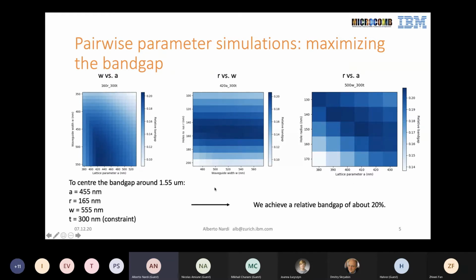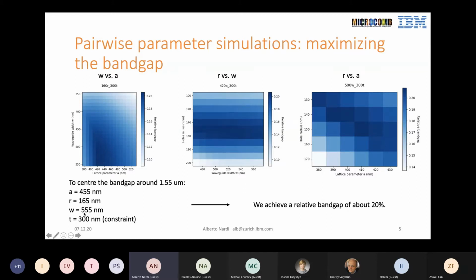And to center the band gap around 1.55 micrometers, we found that these are the parameters we need to use. Actually, the thickness of the film is a constraint we have because we grow the gallium phosphide layer by MOCVD, so it's not really practical to grow a different thickness every time depending on the particular device that we want to fabricate.